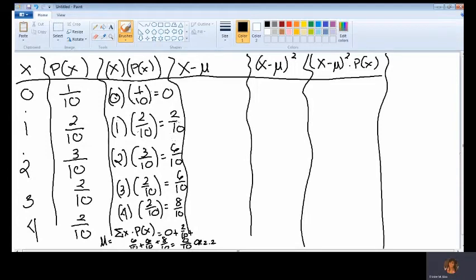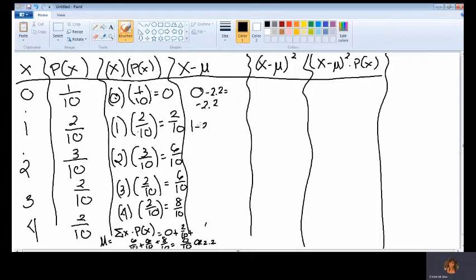So step number 2, we're going to subtract the mean from each value of the random variable x. Our mean is 2.2, right? So 0 minus 2.2 will give us an answer of negative 2.2.